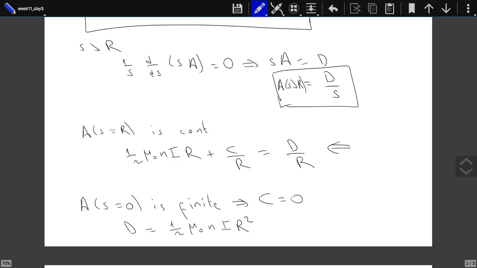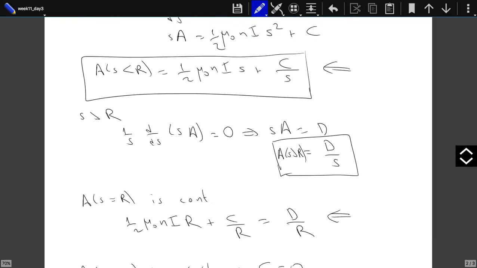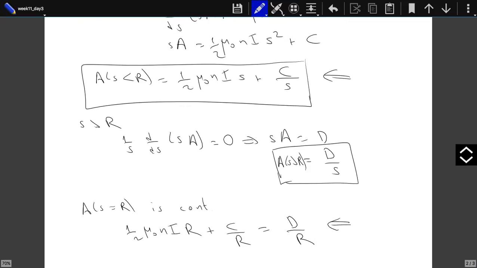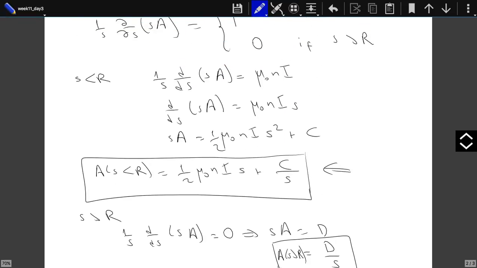The term is not constant. The coefficient is constant, yes? Well, you see, S is the distance from the central axis of my solenoid, and the vector potential, let's say inside my solenoid, is this one.